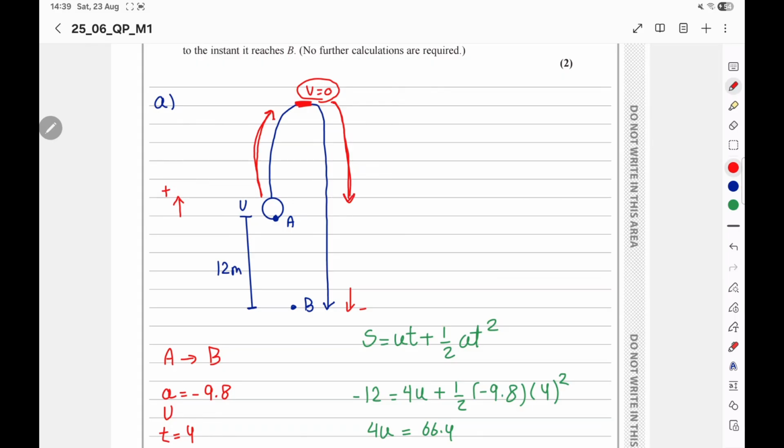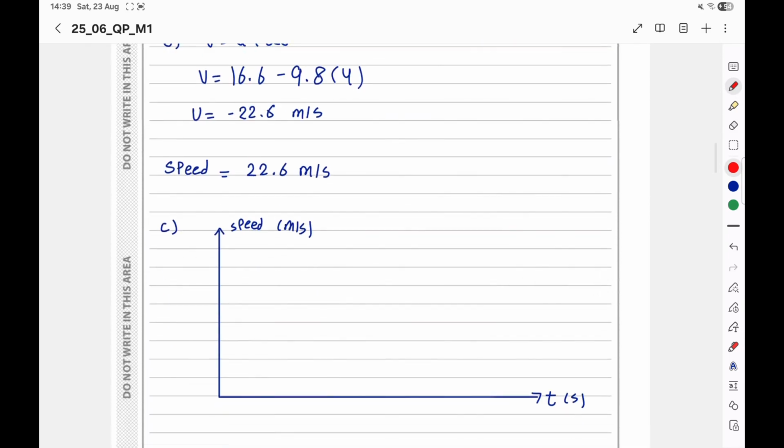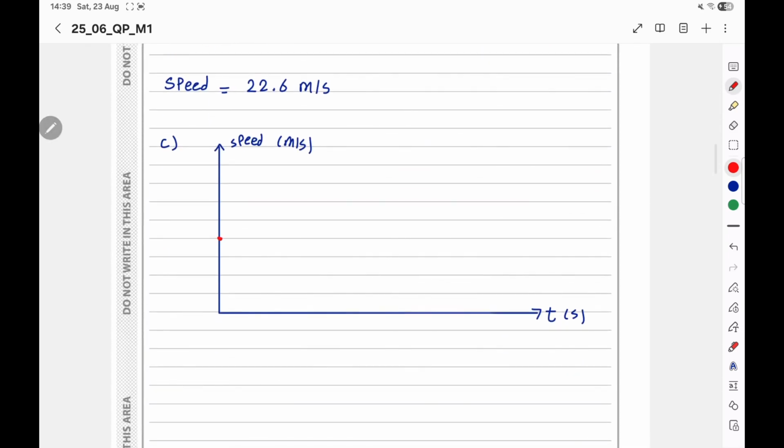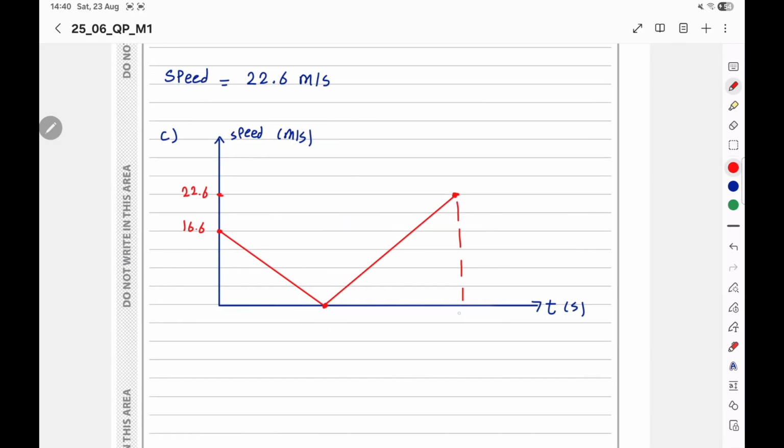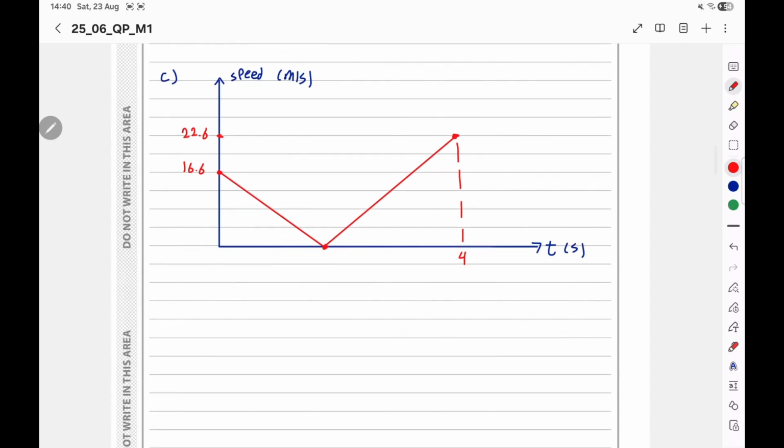But since I'm sketching a speed time graph, there are no positive and negative directions. The particle will be decelerating starting from 16.6, then accelerating, reaching a speed of 22.6. And the time taken from A to B is 4 seconds. Very easy. Next one.